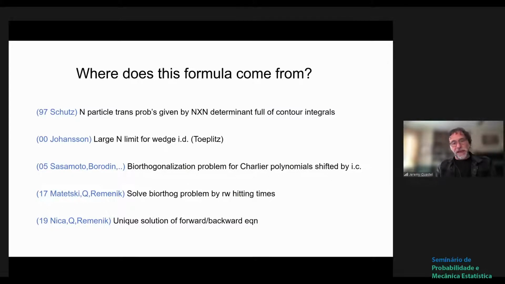It's an amazing fact that you can solve the n particle to n particle transition probabilities for TASEP, except the only problem with it is that this formula is not very good for taking limits as n goes to infinity.